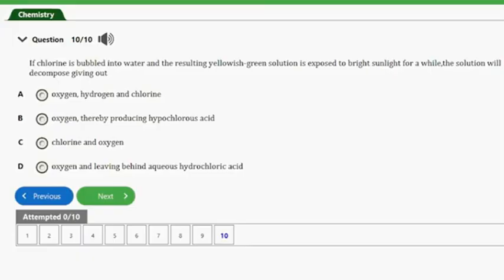So guys, the answer to this question is option B, like you must have guessed rightly. The solution will actually decompose and give out oxygen, leaving behind aqueous hydrochloric acid. So that's it for this question, and that's the end of this video, guys.